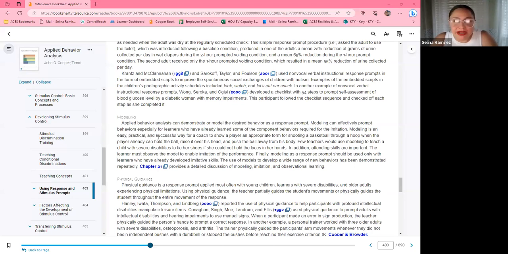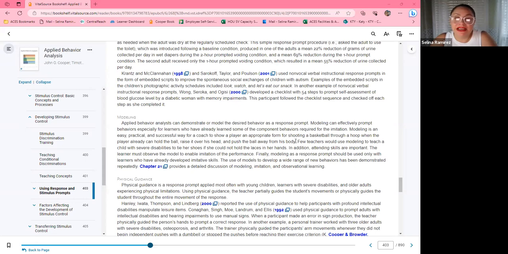Modeling is an easy, practical, and successful way for a coach to show a player an appropriate form of shooting a basket through a hoop when the player already can hold the ball, raise it over his head, and push the ball away from his body. I'm a visual person. I need to see it done first in order for me to understand it.